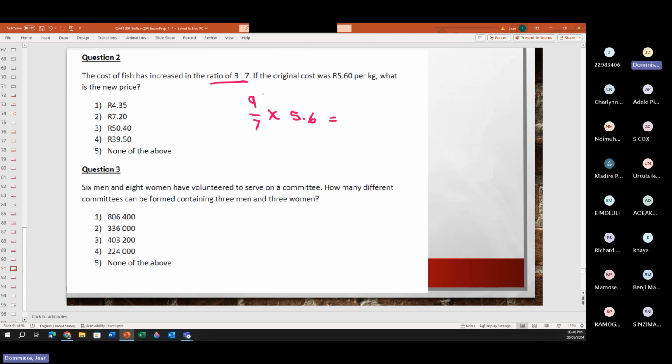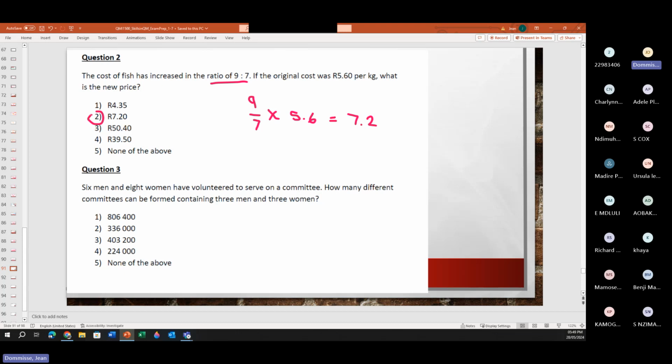The new price is 9 times 5.6, which is 50.4, divided by 7, which gives us 7.2. And so 7 rand and 20 cents.